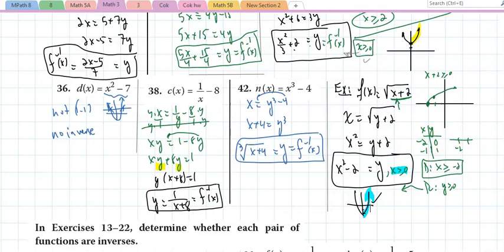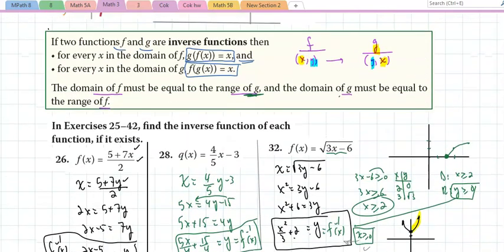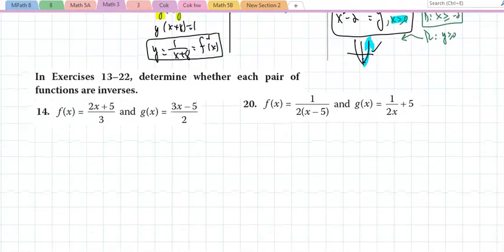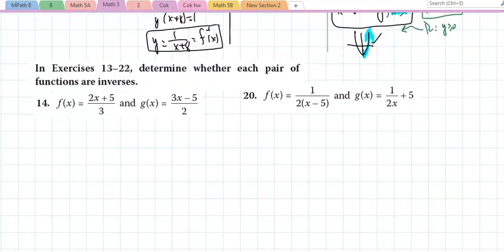And now, the last aspect is really using this part. You have two options, and I'll allow you to use either. If you want to verify that two functions are inverses, you have two options. Either you do both of those, or you find the inverse of one and it shows the next. So they're asking, determine whether each pair of functions are inverses.